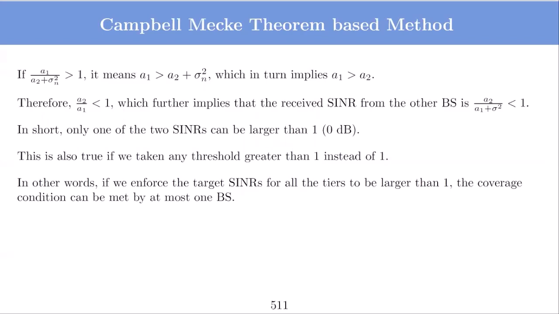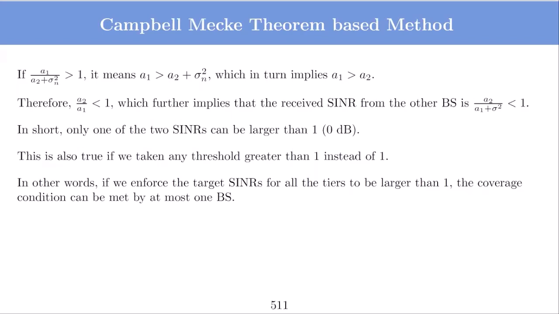If A1 divided by A2 plus sigma n square, the SINR, is more than 1, this means A1 is more than A2 plus sigma n square. So A1 should be more than A2. If A1 is more than A2 plus something, then A1 is of course more than A2. So A2 upon A1 is less than 1, which further implies that A2 upon A1 plus sigma n square is less than 1. So SINR 2 is less than 1.